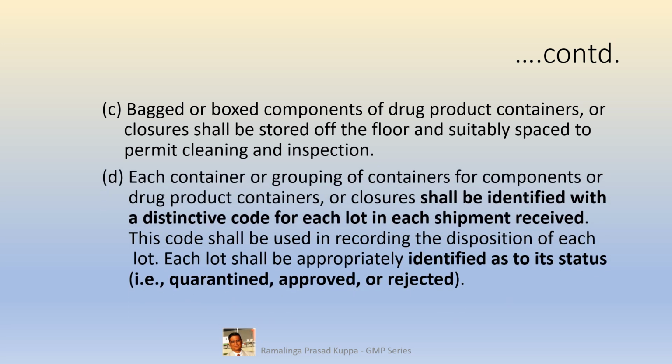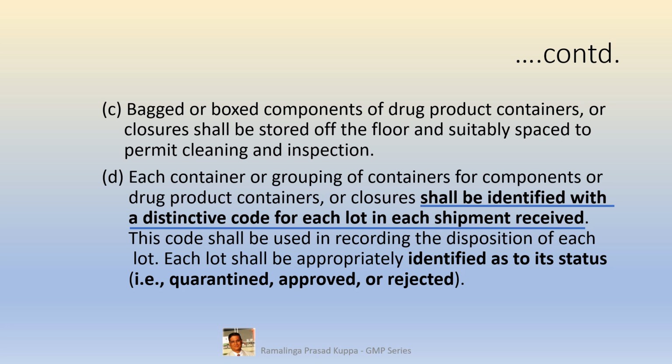Each container or grouping of containers for components or drug product containers or closures shall be identified with a distinctive code for each lot in each shipment received. This code shall be used in recording the disposition of each lot.